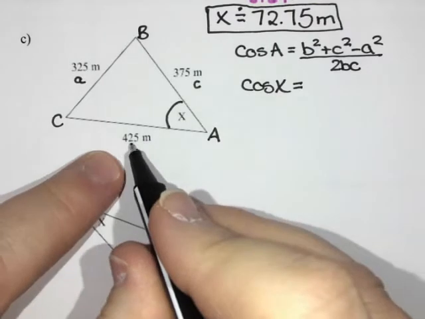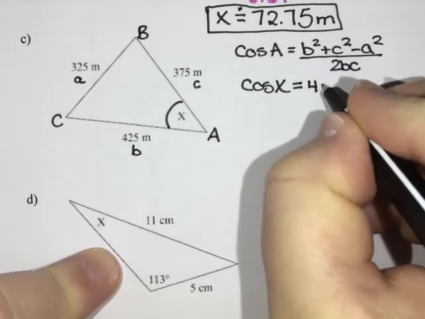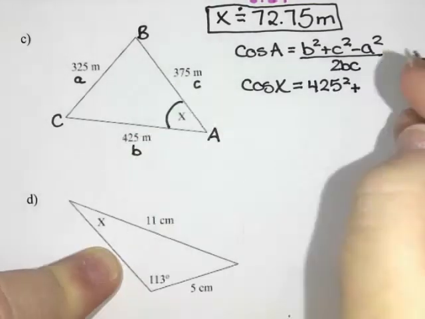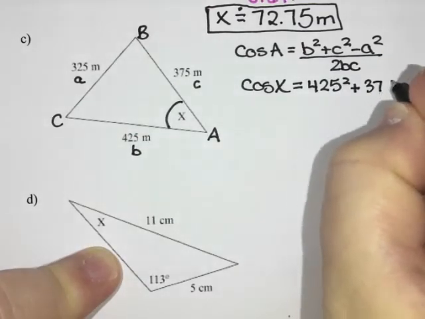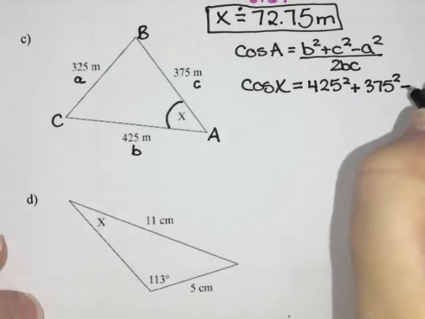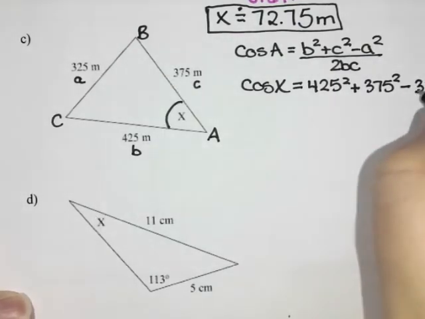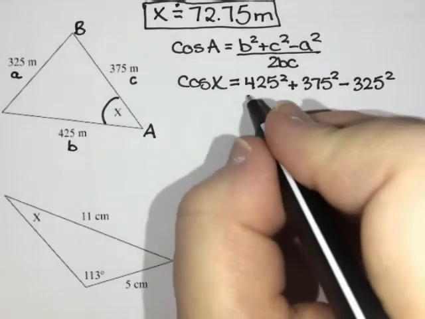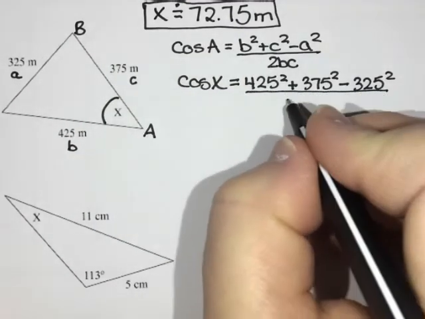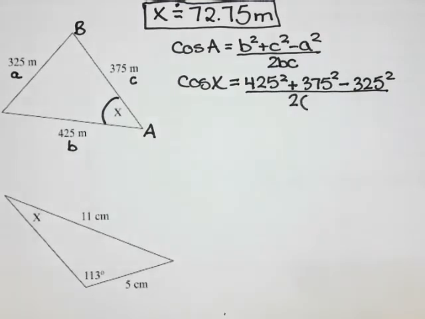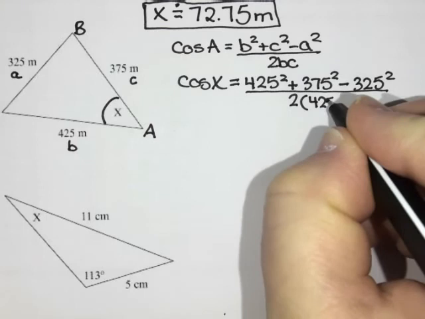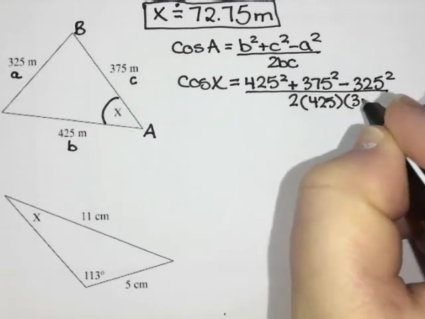B is 425, so it's 425 squared, plus C is 375 squared. Take away A, which is 325 squared. And then that is all divided by 2 times B, so 425, times C, which is 375.